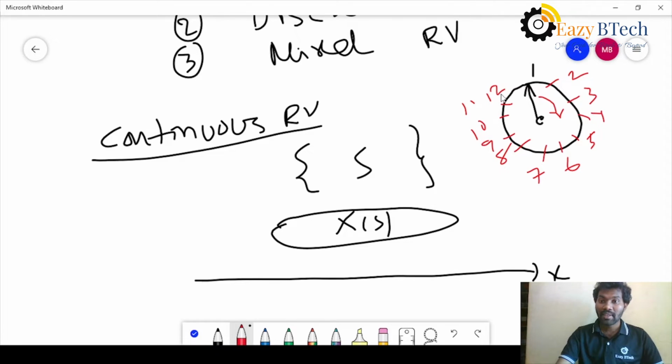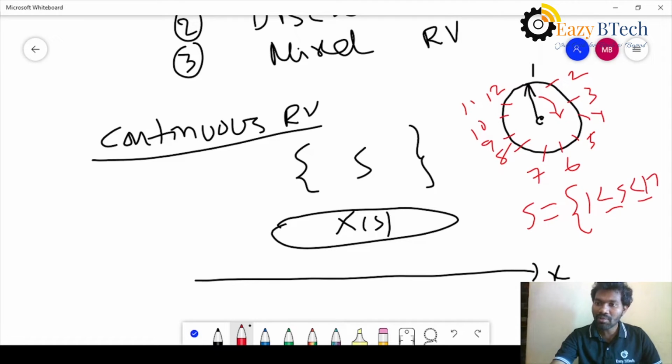That means if you define the sample space here, it might be in the range 1 less than or equal to s less than or equal to 12. The needle might stop anywhere from 1 to 12. So we should understand that the sample space here is 1 to 12.